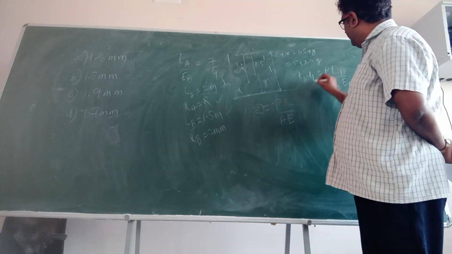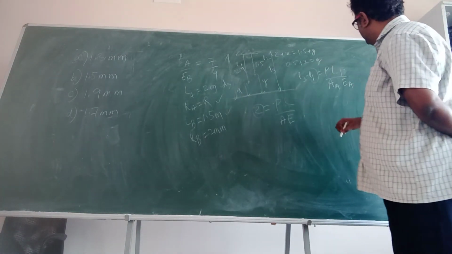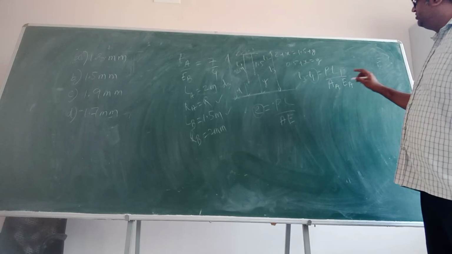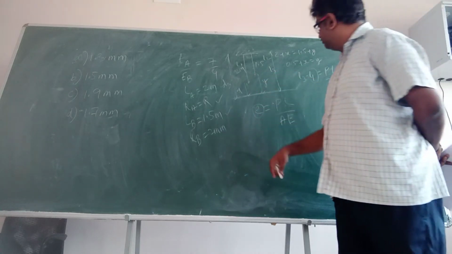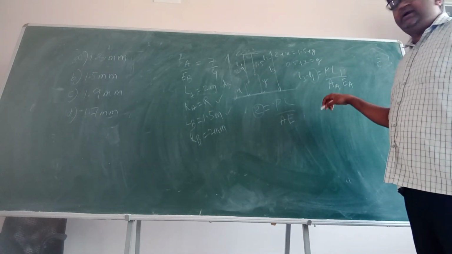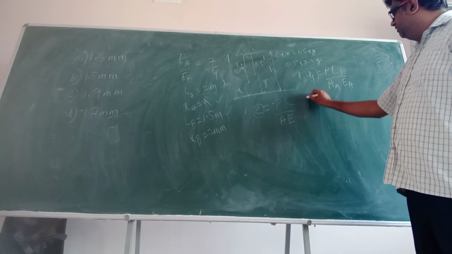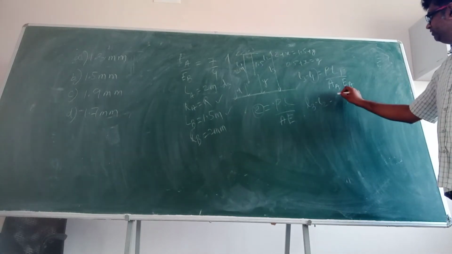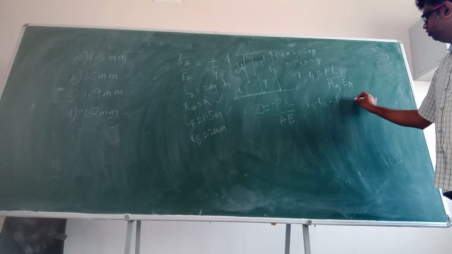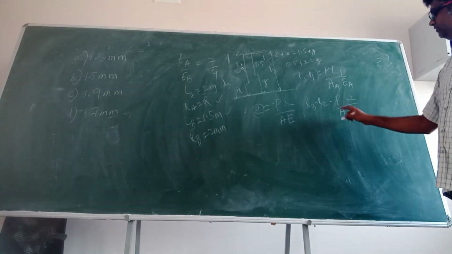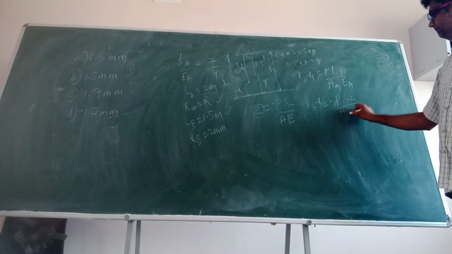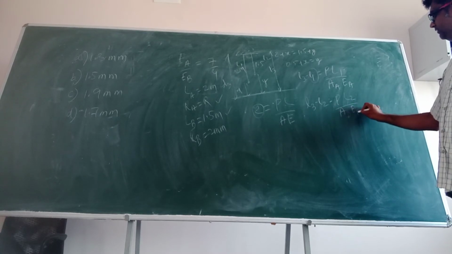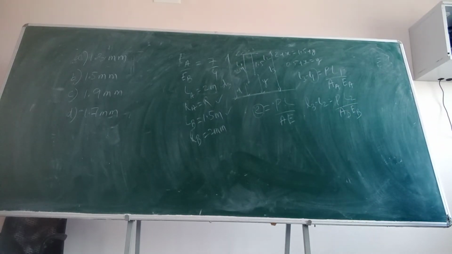So from here I know L1, and they have given me the ratios. So similarly I can write the second equation: L3 minus L2 is equal to P L2 by AB EB. Can I write it like this?